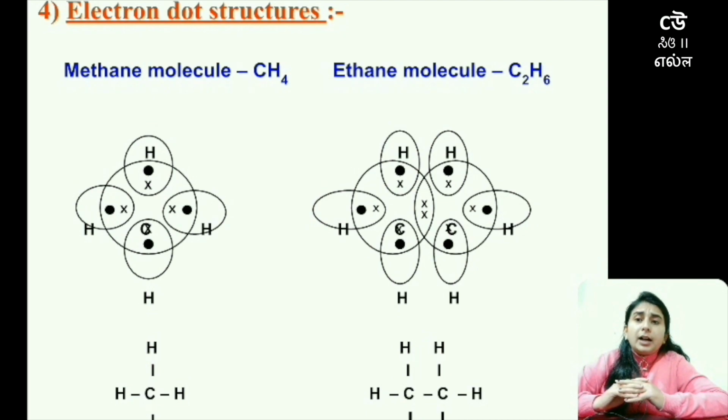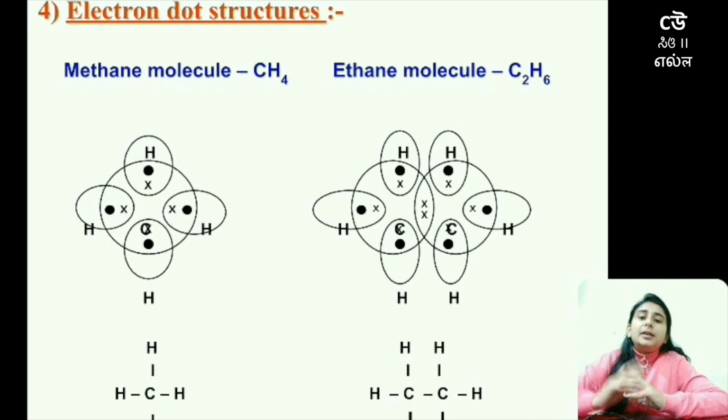Moving on, here they have shown us how we can draw electron dot structures in case of different elements. See students, whenever it comes to compounds, as I said, a compound means where we have 2 elements combined together, right?